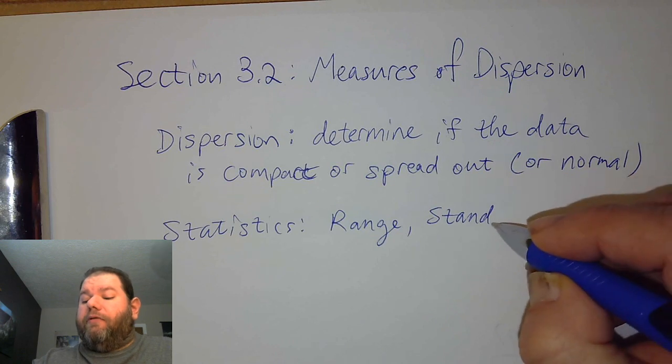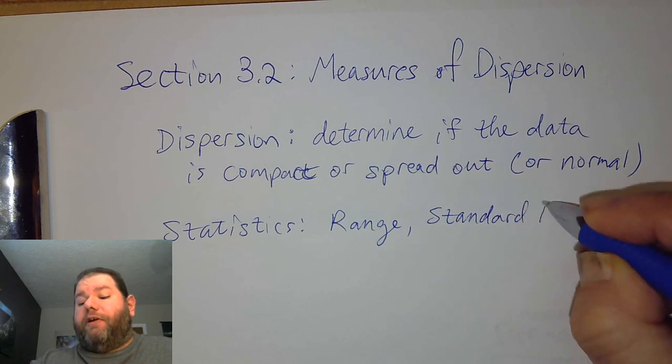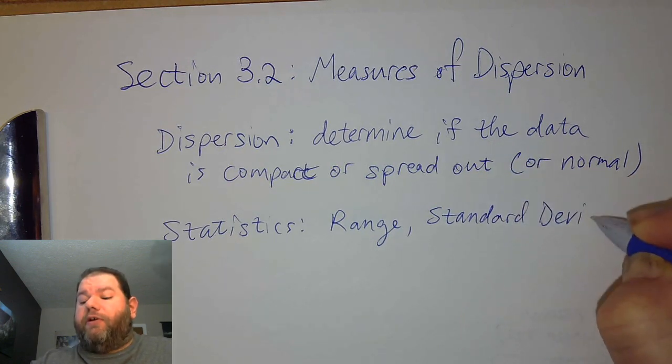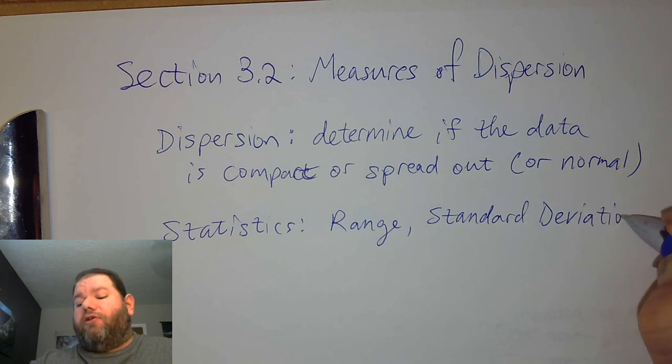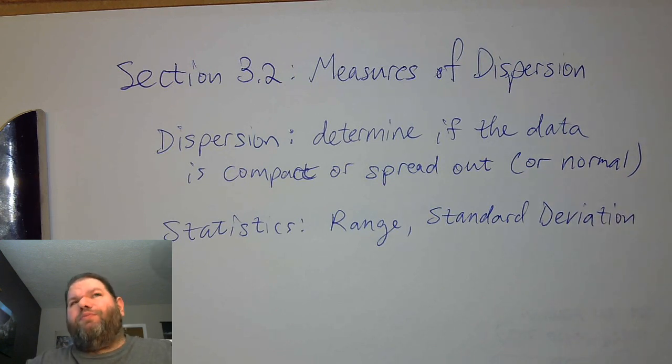And that's really it right there. Those are the two primary ones that we consider, the range and the standard deviation. Whenever we look at standard deviation, we also consider variance, but at this point we're not going to do a whole lot with variance, so we will not do too much with that.